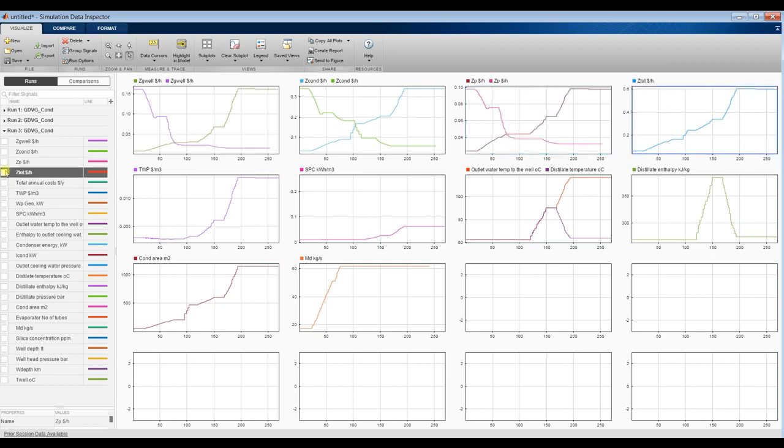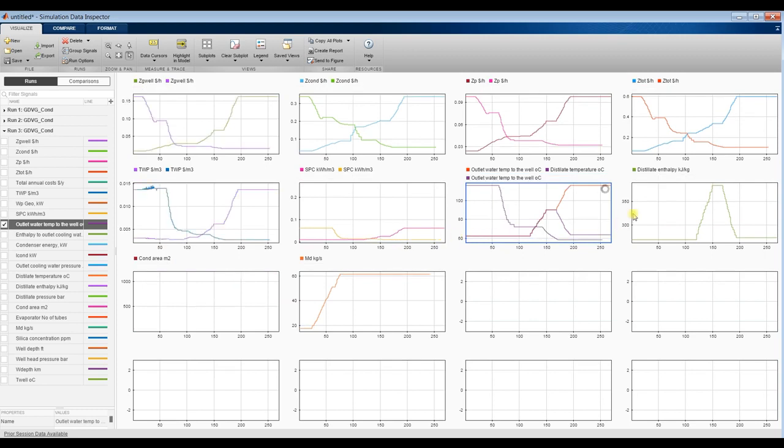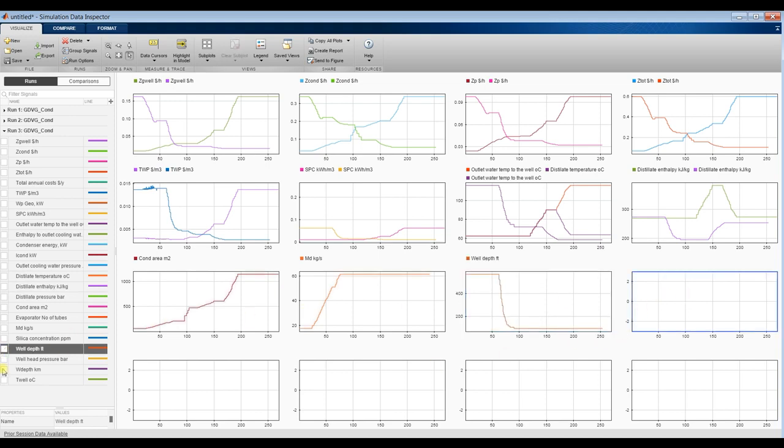You can compare results on the same total water price, specific power consumption, outlet temperature to the well, decreasing distillate enthalpy. Well depths in feet, well depths in kilometers, still decreasing at well temperature, and we have here condenser area.